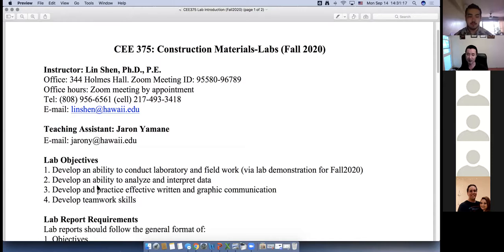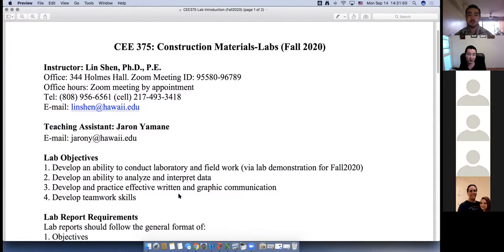From the lab work, we get some raw results, and we use this raw data to analyze and draw conclusions. Another objective is to develop effective writing and graphic communication, using figures and tables together with words to write the technical report. So this is the focus for the labs, and also to develop teamwork skills.